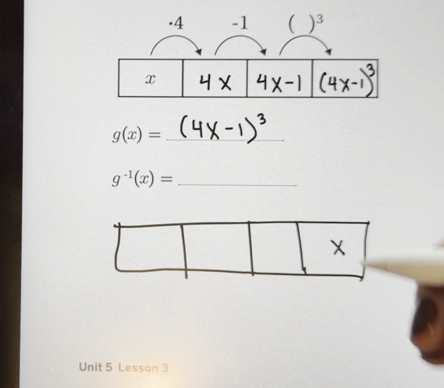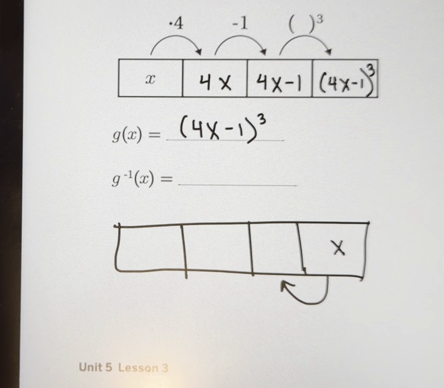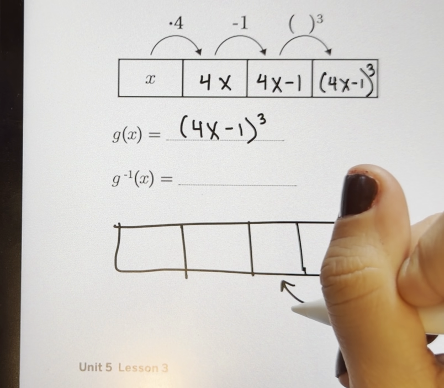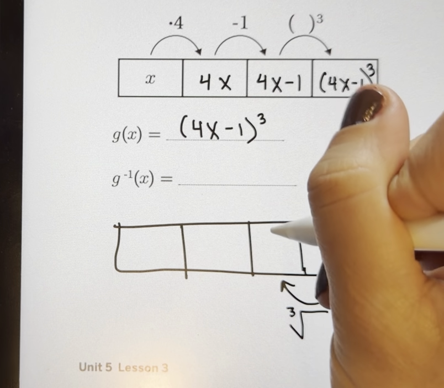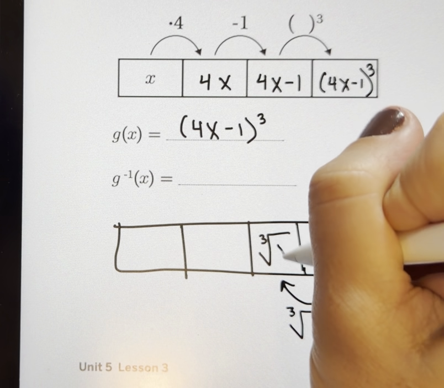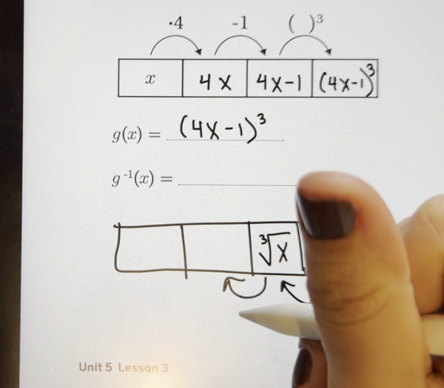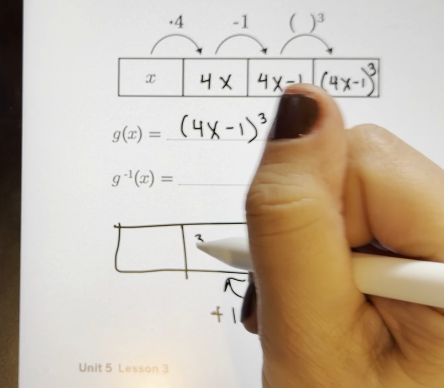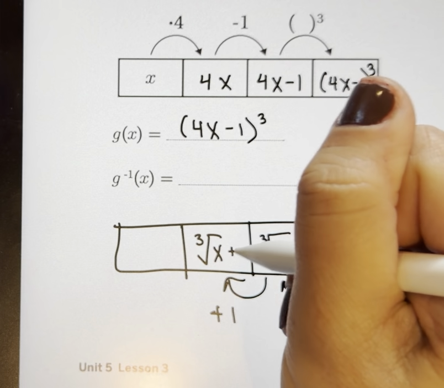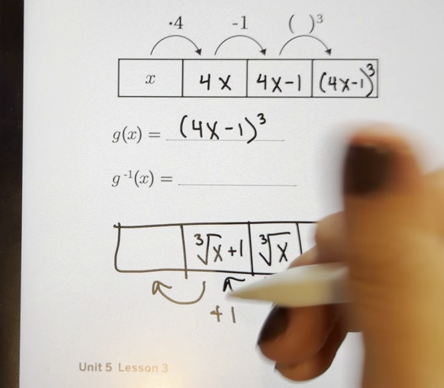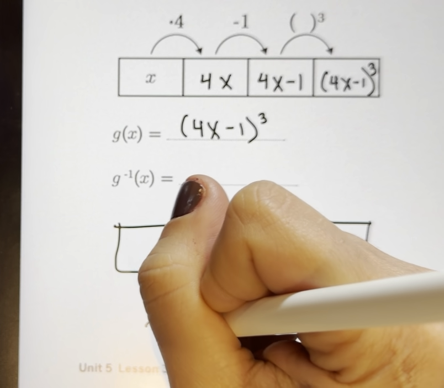We'll just start with x here, and we will undo the operation. So the first thing we must undo is the cube. So the first thing we must do is cube root. Then the second thing we did was subtract 1, so we add 1. And then the third thing we did was multiply by 4, so we must divide by 4.